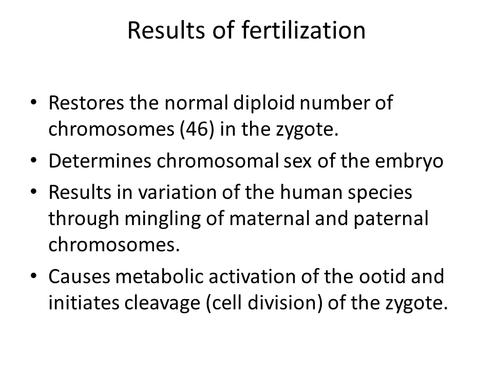So what are the results of fertilization? Number 1 is the restoration of the normal diploid number of chromosomes. Union of the male and female gametes, each of which is a haploid cell, produces the diploid zygote having the normal 46 chromosomes. Number 2 outcome is the determination of sex of the embryo.